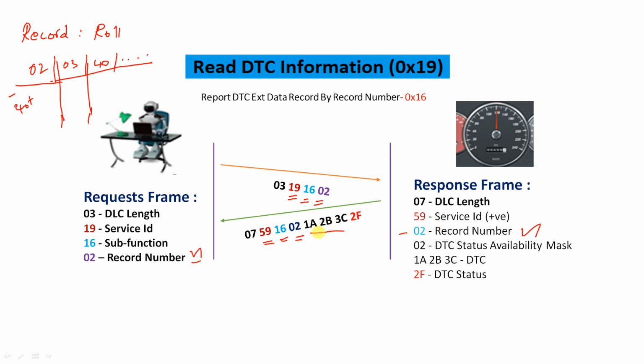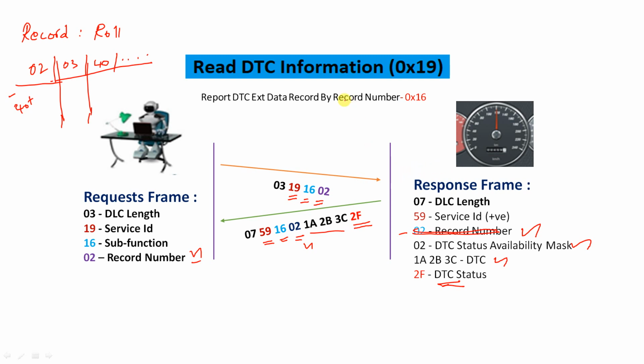Then 1A 2B 3C is the DTC, and the 02 after it, I'm sorry, is an editing mistake. This is not a record number, it's the DTC status availability mask. Then 2F is the status of the DTC, which has 8 bits. Each bit gives information about the status, whether it is active or pending, whether it failed this operation cycle, or whether the warning indicator lamp has been enabled or not. This information can be retrieved using the status of the DTC.